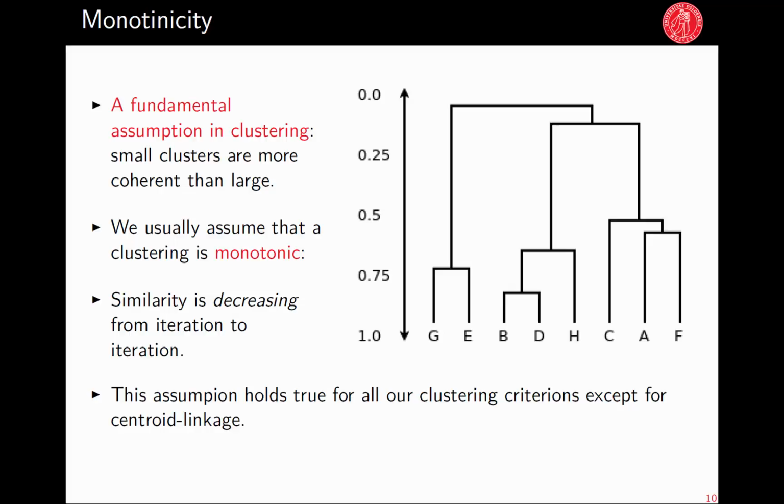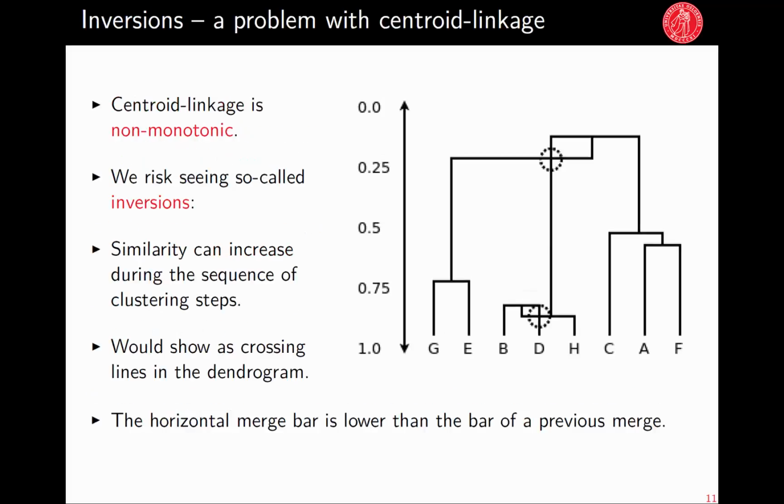And that holds true for single linkage and complete linkage and average linkage, the linkage criteria we've talked about so far. Okay, but it turns out that does not hold for this centroid measure for computing the similarity of two clusters. So centroid linkage is what we call non-monotonic.